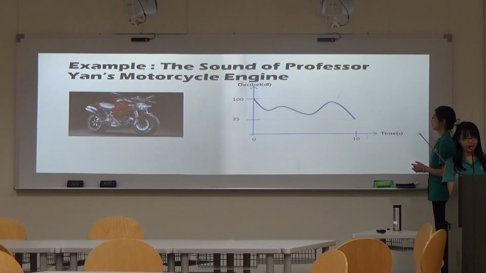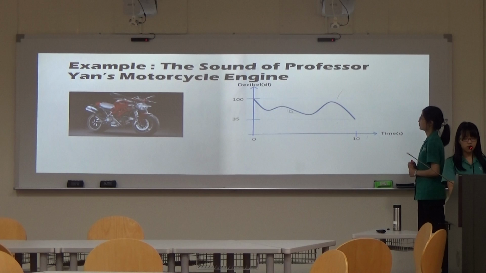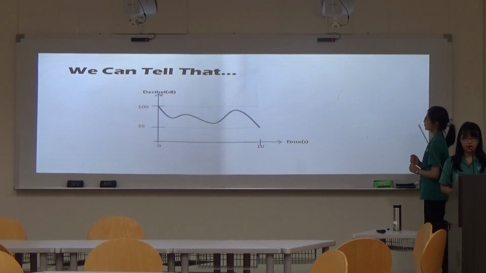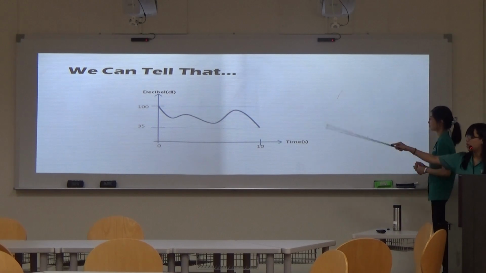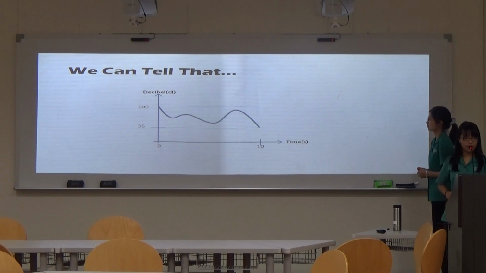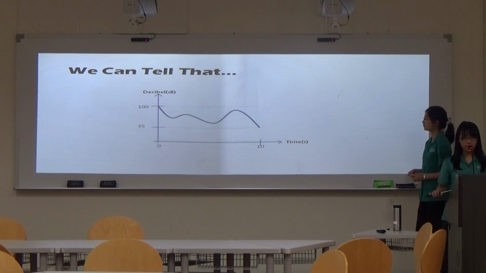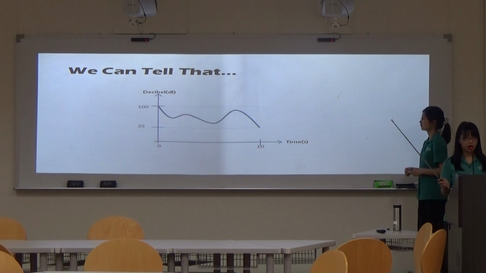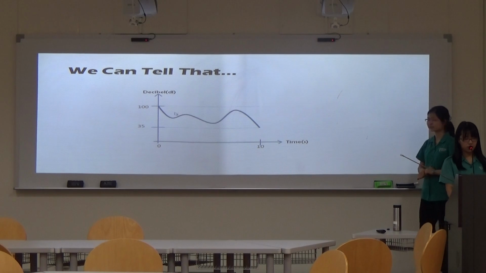Between 0 and 10 seconds, we can know the function. The y value of the start point is 100, and the y value of the end point is 35. Also this function is a continuous function. We know that every value between 35 and 100 has been reached.